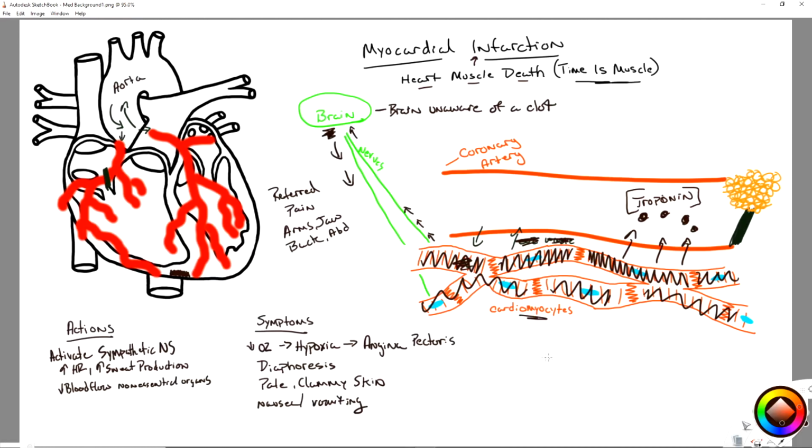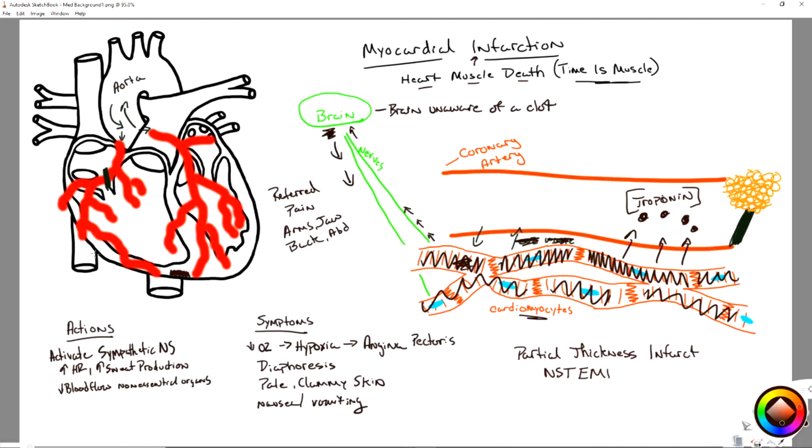And this partial thickness, so we'll do this down here, partial thickness infarct, okay? Those are your NSTEMIs, okay? Your non-ST elevation myocardial infarction, okay?